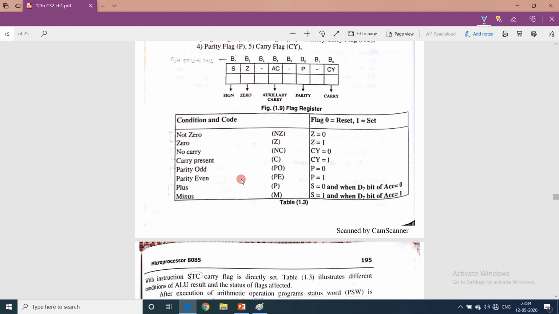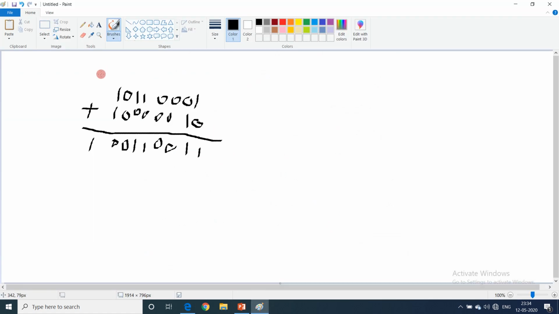Then next is the plus and minus sign flag. It is for the sign flag. When the answer is positive, the D7th bit is 1. When this bit is 0, the D7th bit is 0, the answer is negative.